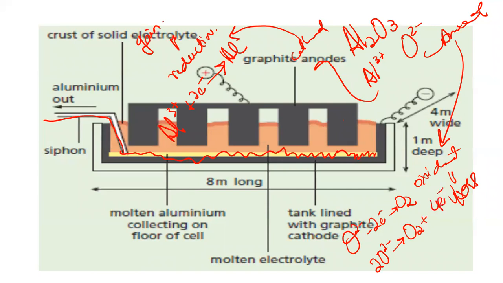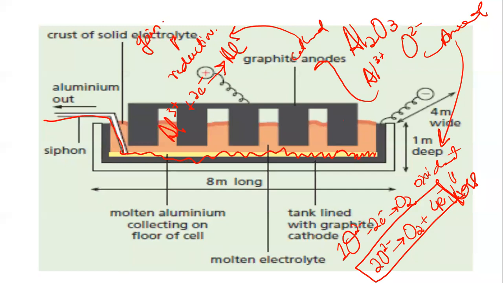The reason it will become 4 is because one oxygen is losing 2 electrons, so 2 oxygen will lose 4 electrons. Oh, yes. So when you're balancing it, you have to multiply the number of electrons as well, right? Good job. You're perfectly correct. This is going to be your final half equation at the anode.